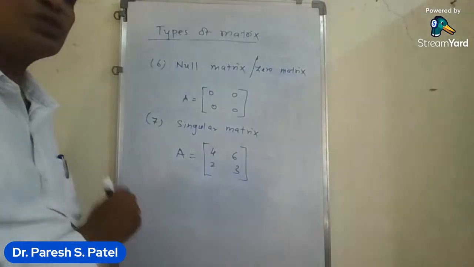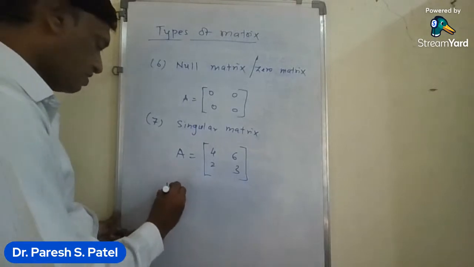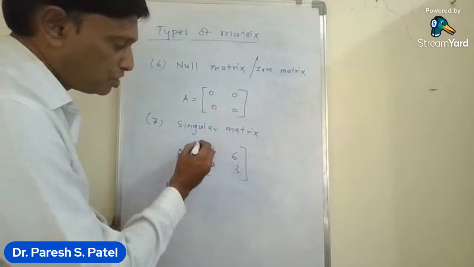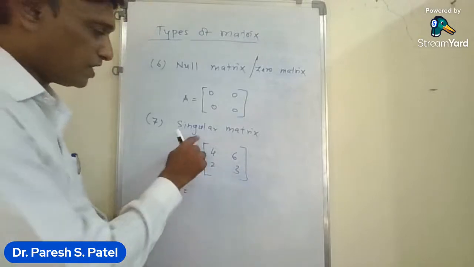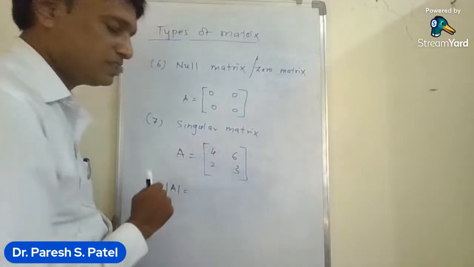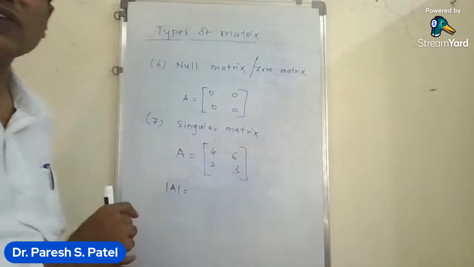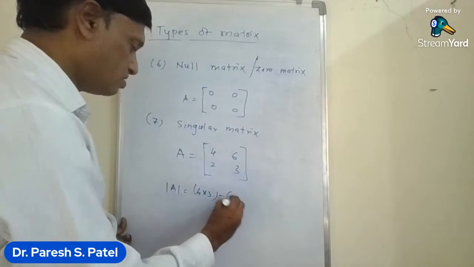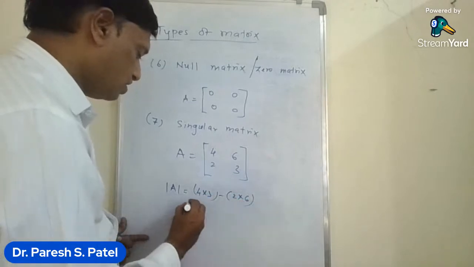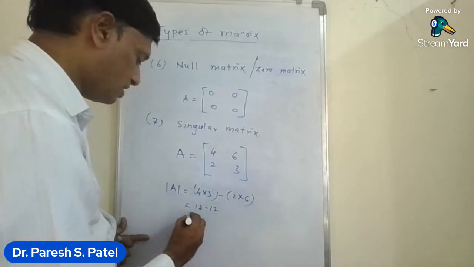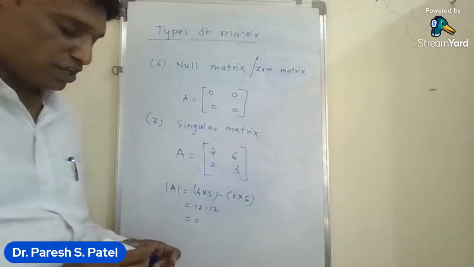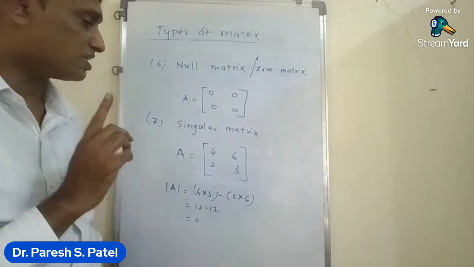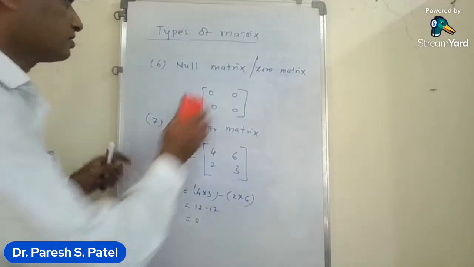In case of a two-dimensional matrix, the determinant can be represented as the product of diagonal elements minus the product of the other elements. So 4 3s are 12 minus 2 6s are 12. So the determinant of this matrix, 12 minus 12, is equal to 0. It means if the determinant of this matrix is equal to 0, then that matrix can be represented as a singular matrix.